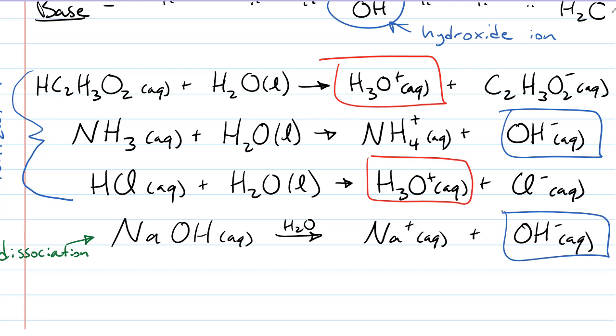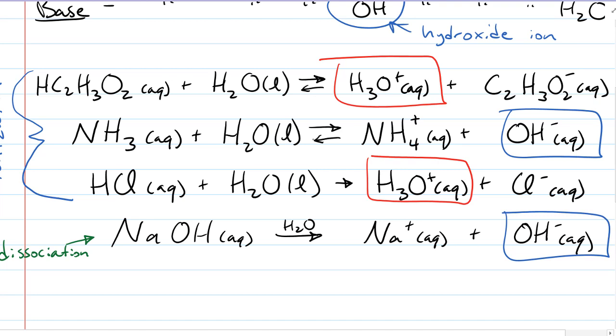First of all, of these four substances we looked at, which two are the weak electrolytes? Go back to your data. Which two are the weak ones? All right, the acetic acid and the ammonia. So for each one of these here, we actually put in a double arrow, like this.